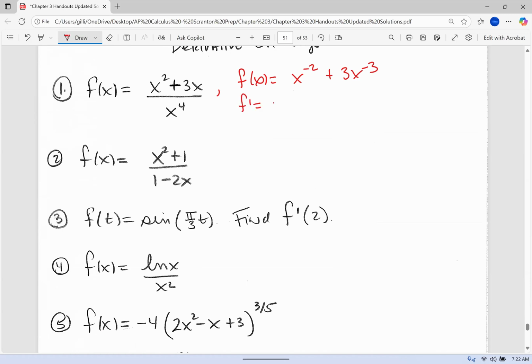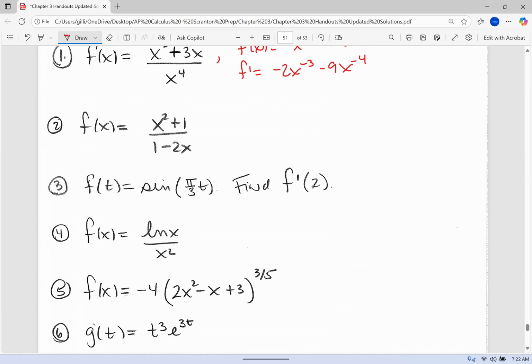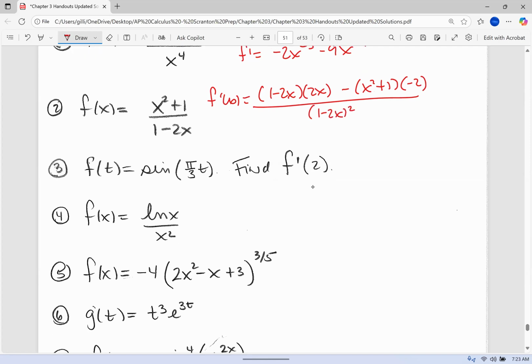And then I would just use a power rule from there, dropping down the power, repeating the x, and decreasing it by 1. In this one here, I would do a quotient rule. So it's the bottom times the derivative of the top minus the top times the derivative of the bottom, all over the bottom squared. And I think that's pretty easy to clean up there.